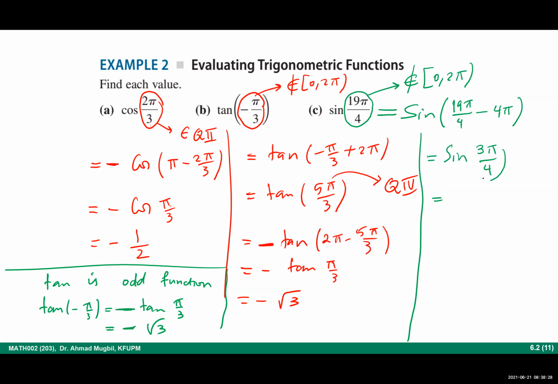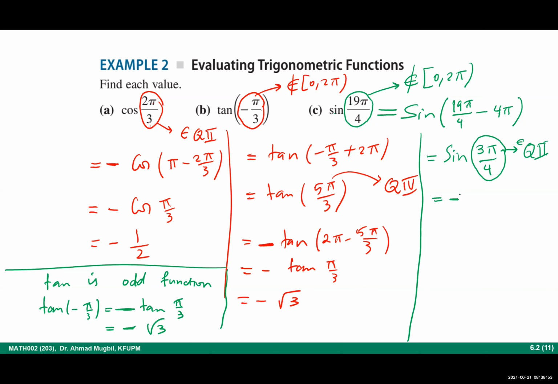Now you need to ask yourself, in which quadrant is this? This is in the second quadrant. In the second, ya shabab, n minus 1 over n. Do you remember the trick, n minus 1 over n? Because we are in the second quadrant, is sine positive or negative? Negative. Sine in the second is negative?